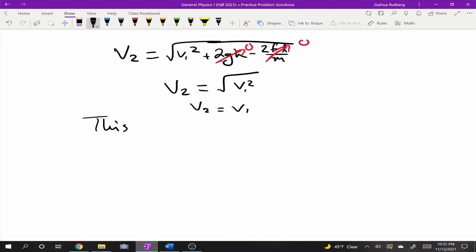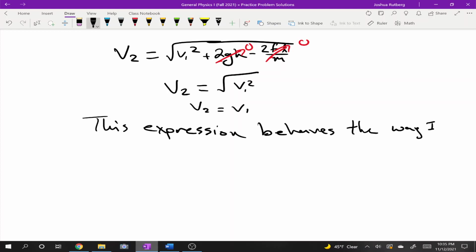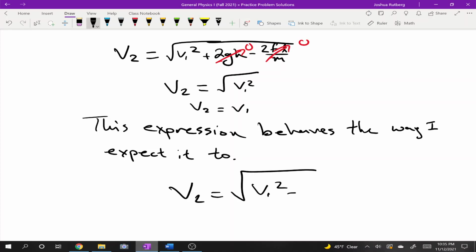So this expression behaves the way I expect it to. So I will just rewrite my final answer: v1 squared plus 2GH minus 2FL over M.